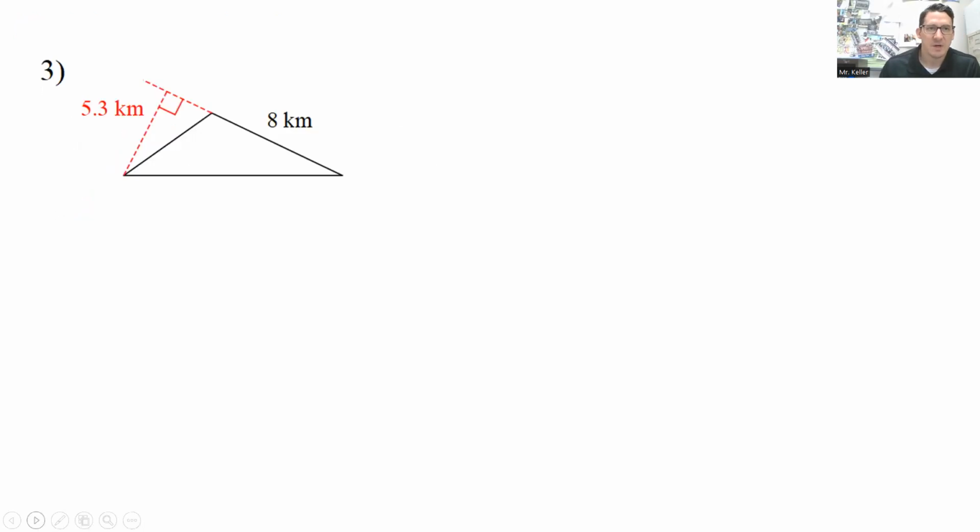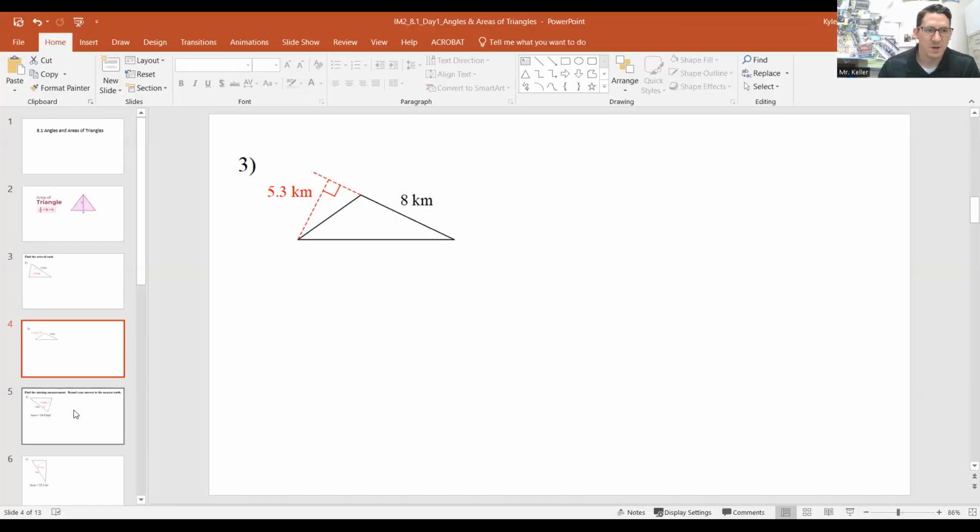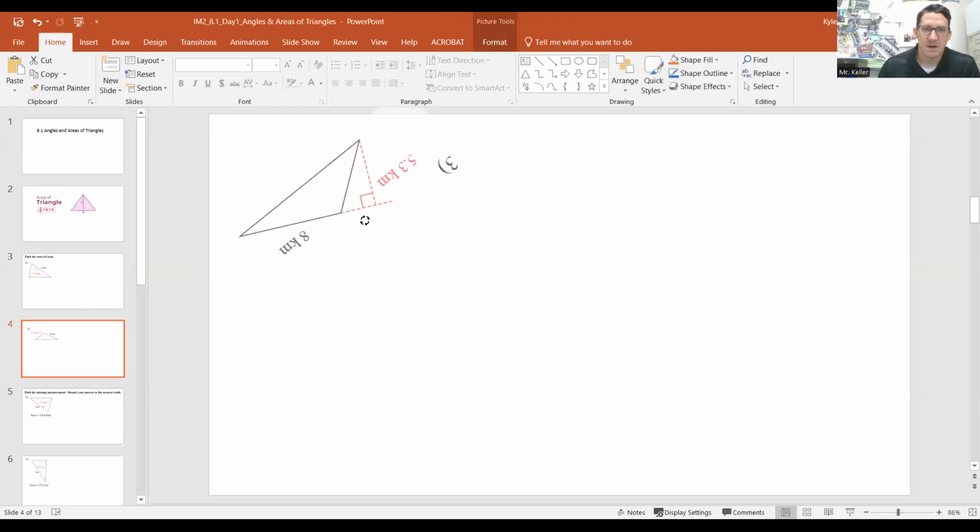Let's do another example. Here, sometimes the height is outside of the triangle. This looks kind of weird. What's going on? So let me show you something real quick. What you want to do is imagine this, rotate around. If we go to this slide, we could rotate this, right?